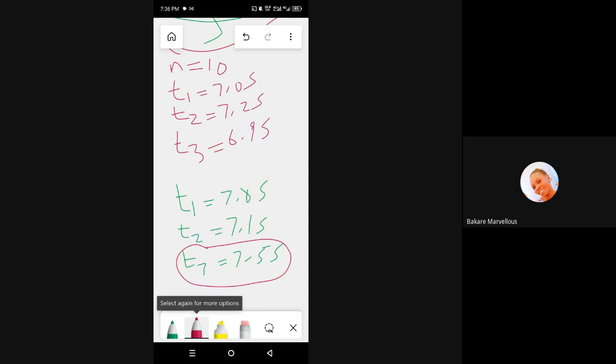Now, how do you find the average for these readings? T1 plus T2 plus T3 all over 3. So what's the answer?